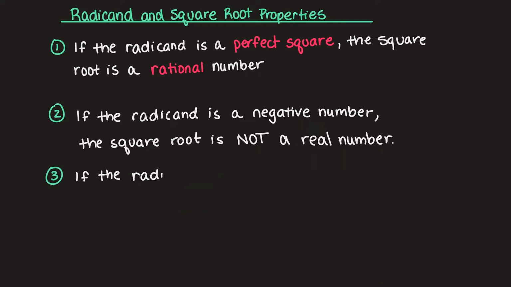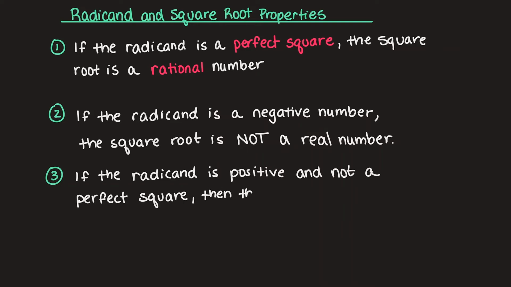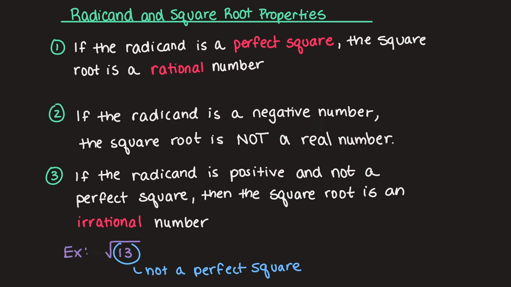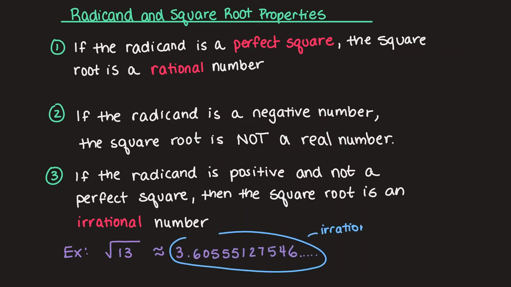And then if the radicand is positive and not a perfect square, then the square root is an irrational number, meaning it cannot be written as a fraction of integers. So for example, the square root of 13, since 13 is not a perfect square, taking the square root of this on a calculator will give us an irrational number, which is a real number that has a non-repeating and non-terminating decimal.